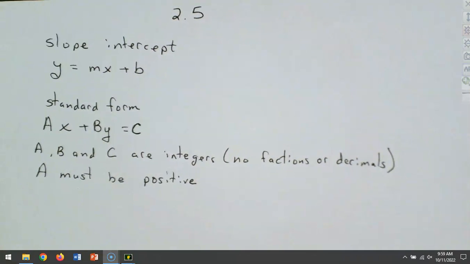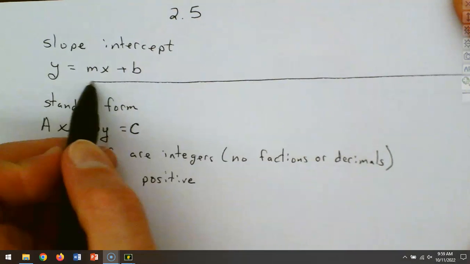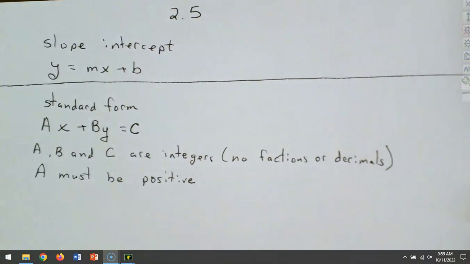So when we look at standard form, the x and the y are on the same side. Now, A, B, and C are, I'm sorry, not positive, but they're capital letters. Why are they capital letters? Because that means they are integers. So no fractions or decimals are allowed in standard form, and then the A has to always be positive.